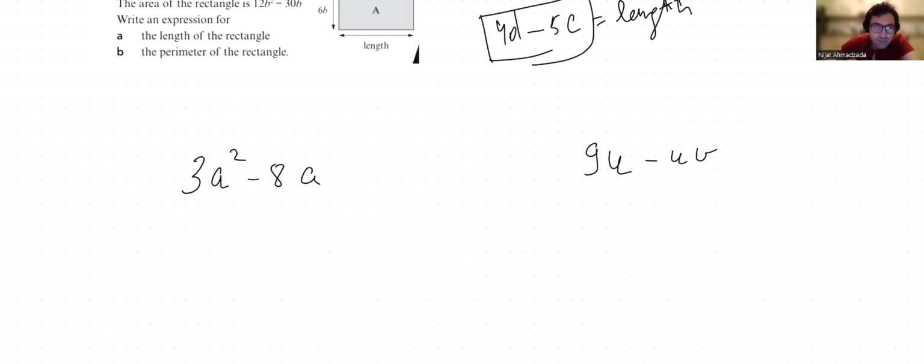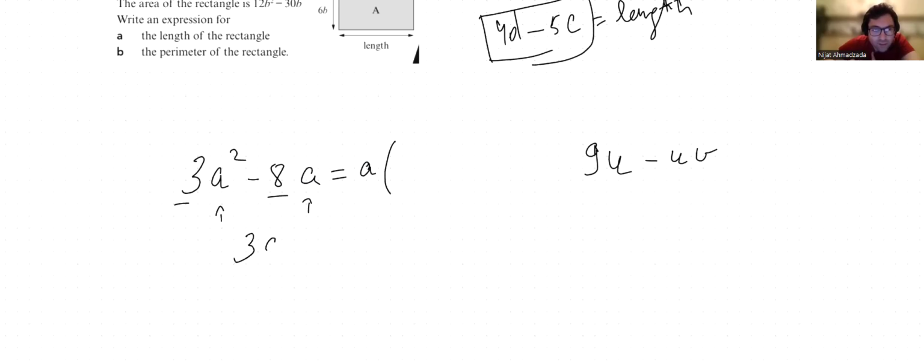So we see that from 3 and 8, nothing is common. 8 isn't divided by 3, nothing is common. But from a and a squared, we have a common, because a is in a squared and a is in a. And then we open the bracket, again, second step. And now we're going to divide each term by a.